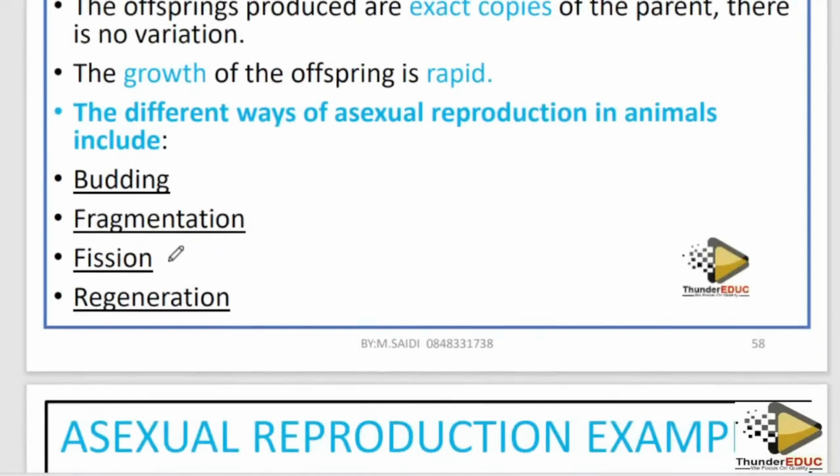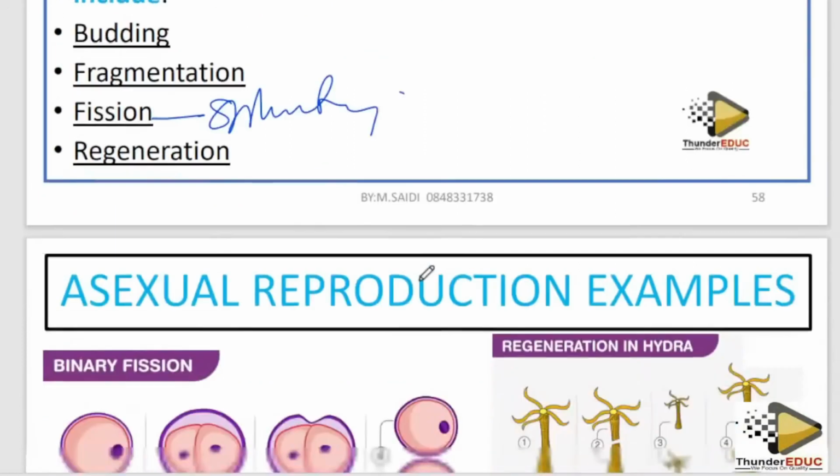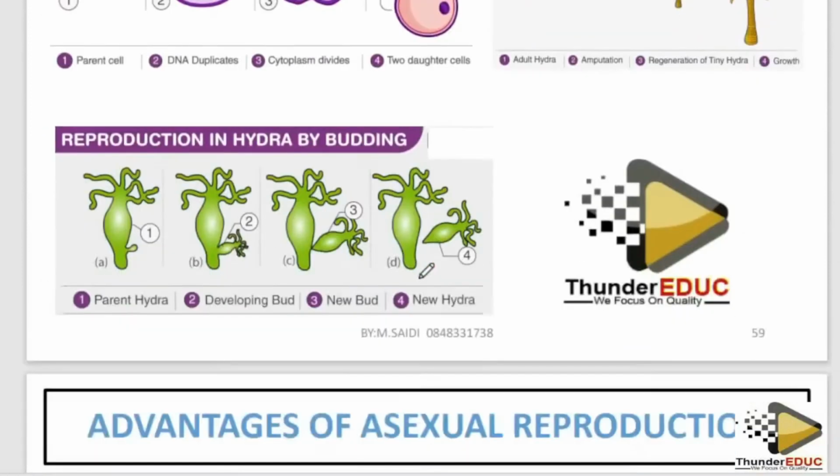Hey, don't confuse fission with fusion, F-U-S-I-O-N. Fusion means combining, while fission is splitting. So please don't confuse the two. Yes, regeneration. So these are examples.